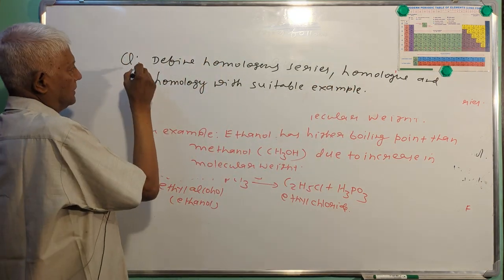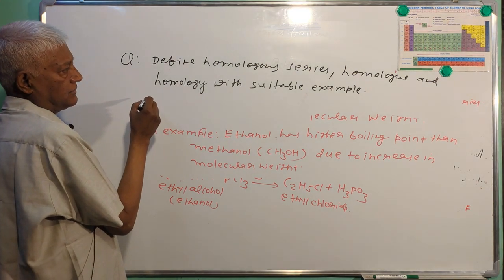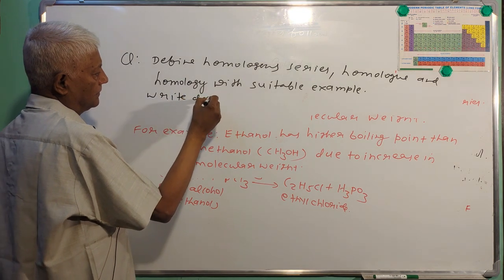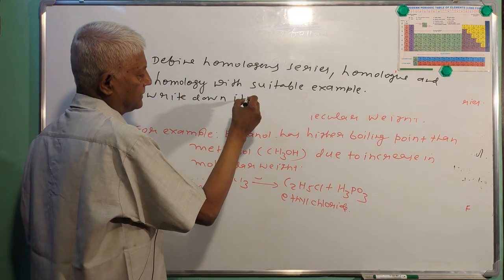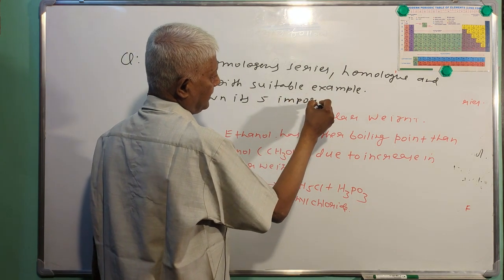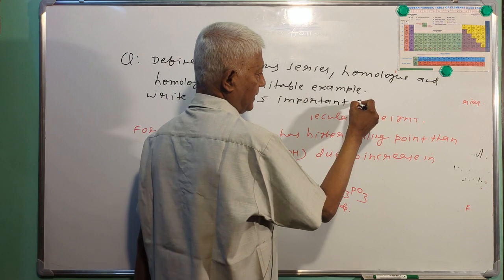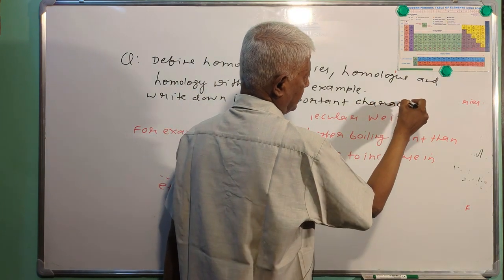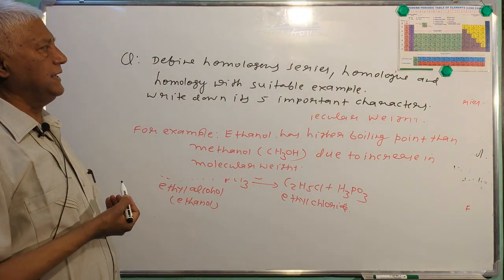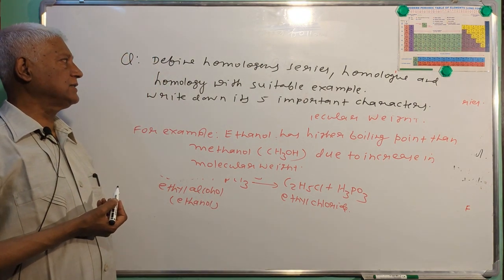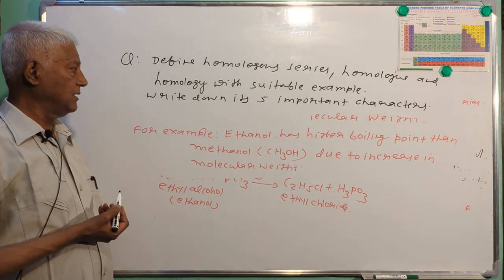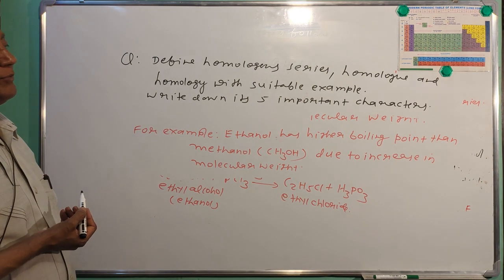Yes, define. And sometimes write down its 5 important characters. So, I have already told you what is a homologous series, what is a homolog and what is homology. So, we have to define all these terms with example. Next, write down its 5 important characters.